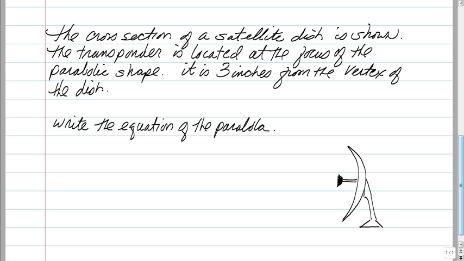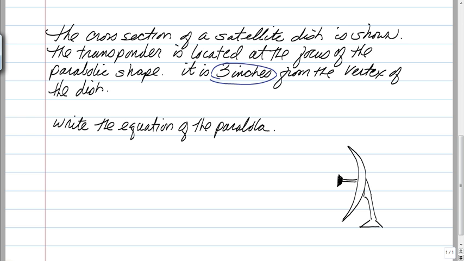No, we're not going to change the vertex. For this problem, we can just assume that the vertex is at 0, 0. So what's the only important part? 3 inches from the vertex. That is the important part to this problem, because the focus is 3 inches from the vertex.